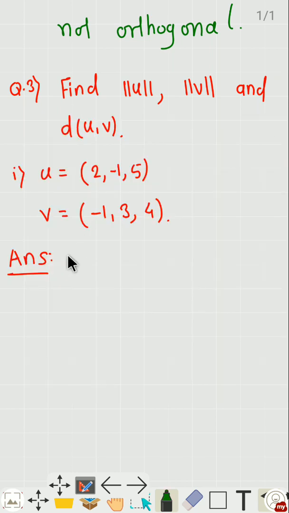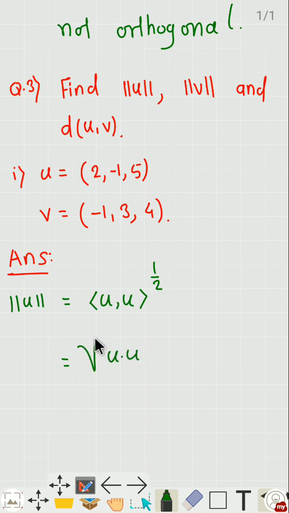First of all we find the norm of vector u, and the norm of vector u is nothing but the inner product of u with u raised to the power 1/2. So it is equal to the inner product of u with u, meaning the dot product of u with u, raised to the power 1/2, meaning square root.